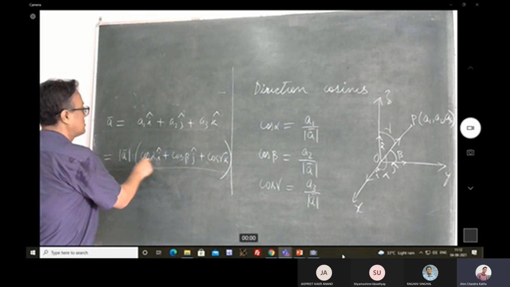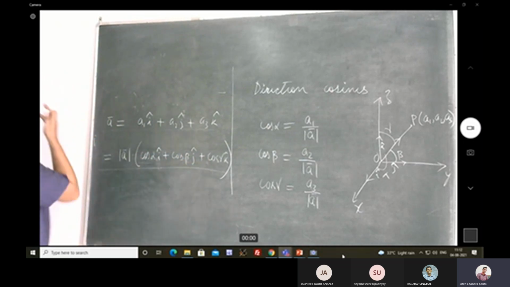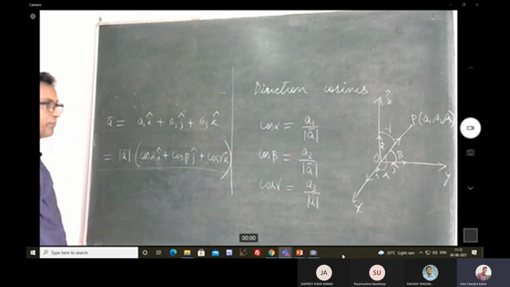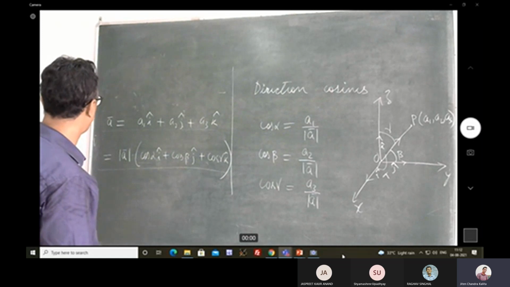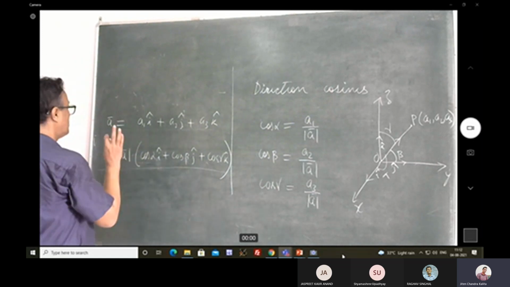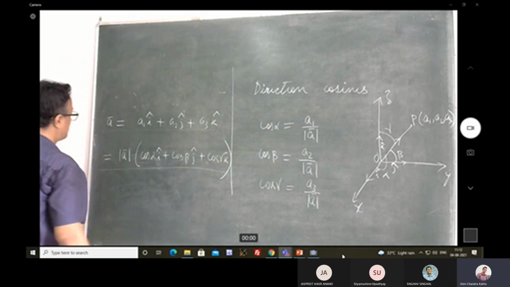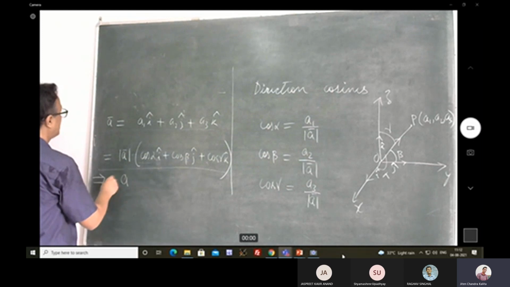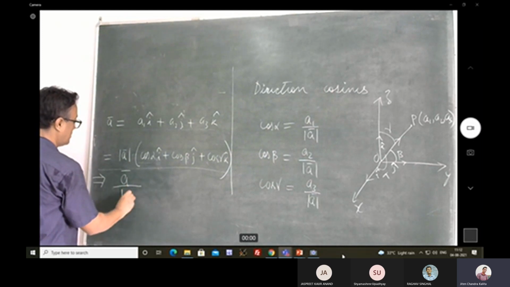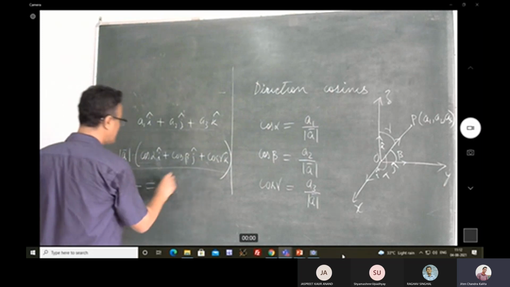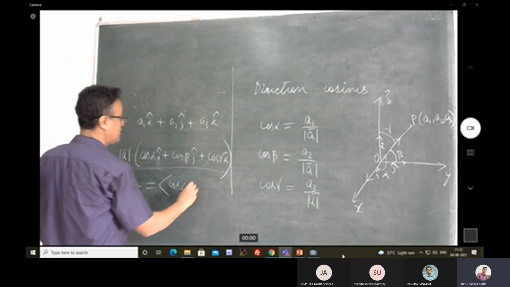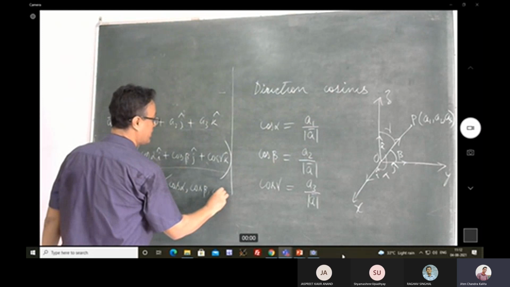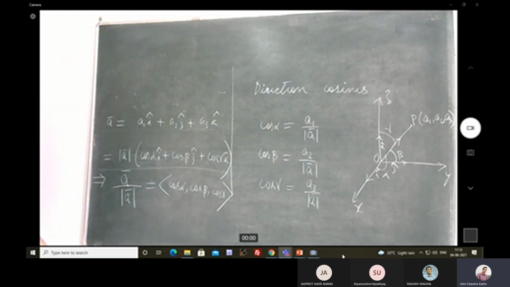So I'm going to come back to these again later on today, when I'm going to do the vector equation of a straight line. Fine. So now, from here, vector A divided by the magnitude of the vector A is simply the vector with components cos alpha, cos beta, and cos gamma, right?